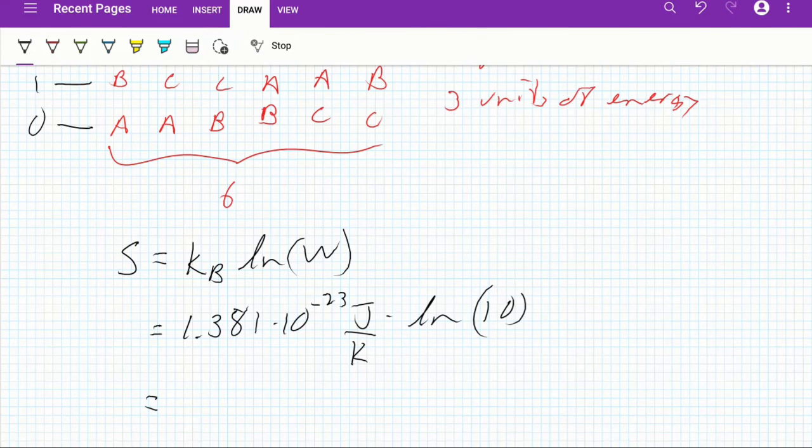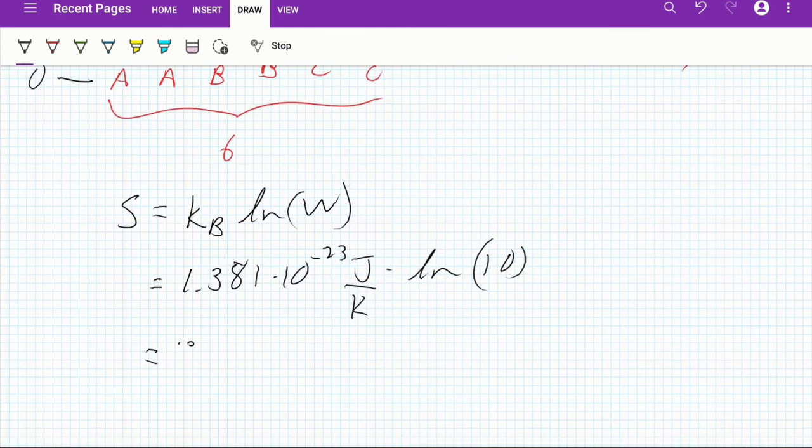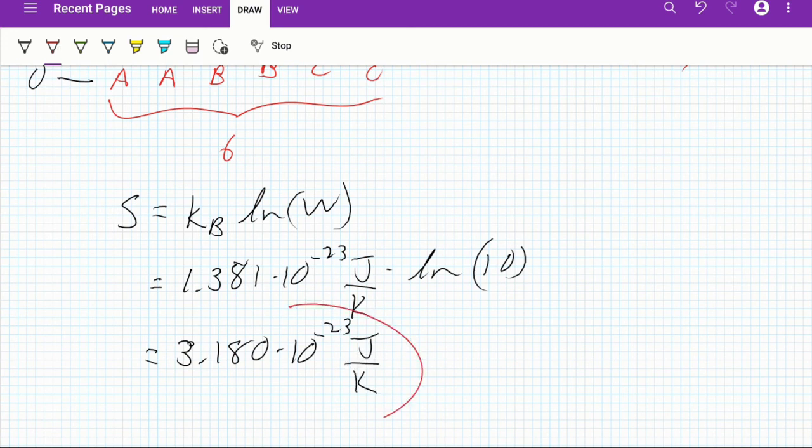And when you do that, you get 3.180 times 10 to the minus 23 joules per Kelvin. The entropy is a small number because we literally have only 3 particles and 3 units of energy.